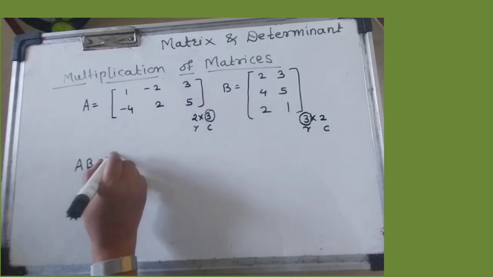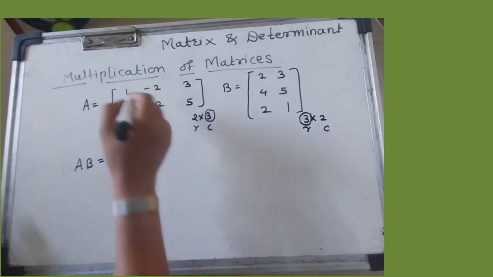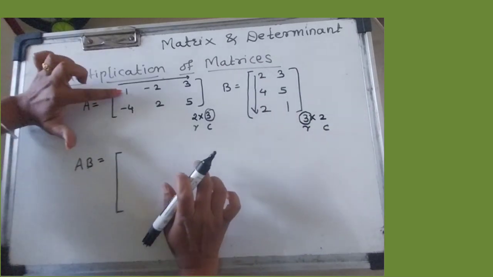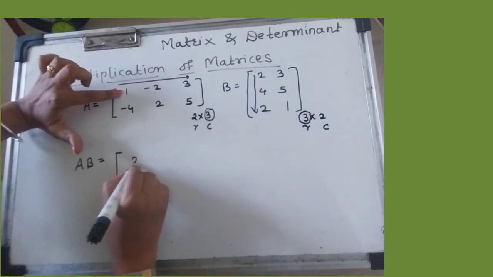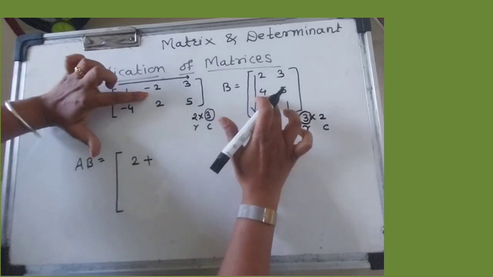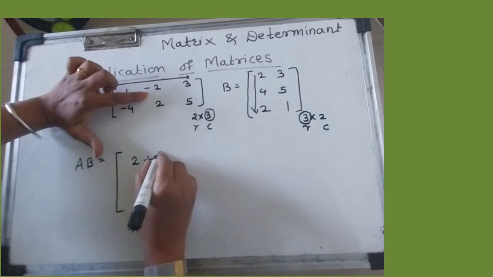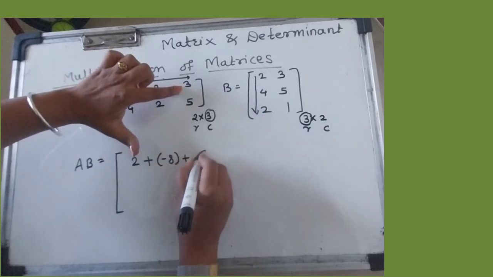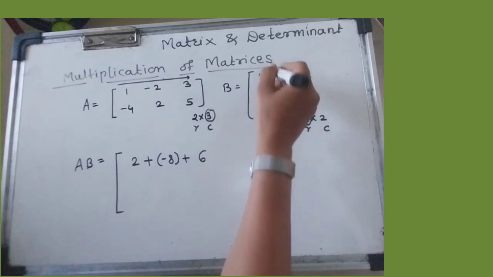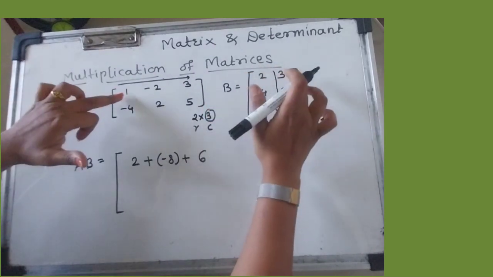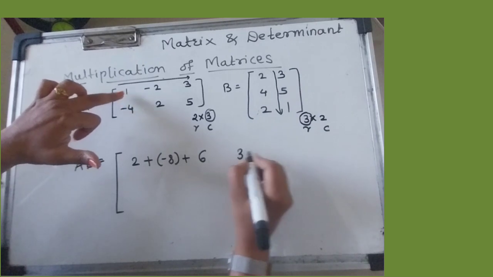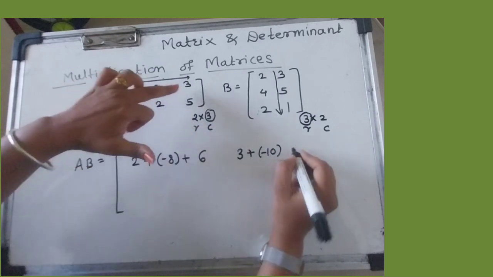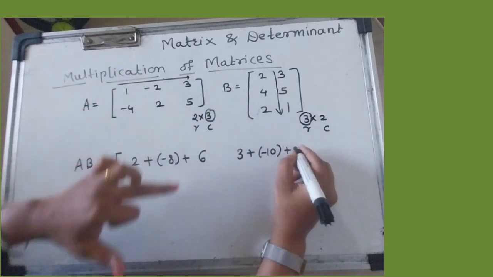Now we take the product. How to take the product? See, first row, first column. 1 into 2, it is 2. Plus 2 into 4, 8. 3 into 2, 6. Shift the column. 3 into 1, 3. Plus 5 into minus 2, so it is minus 10. Plus 3 into 1, 3.